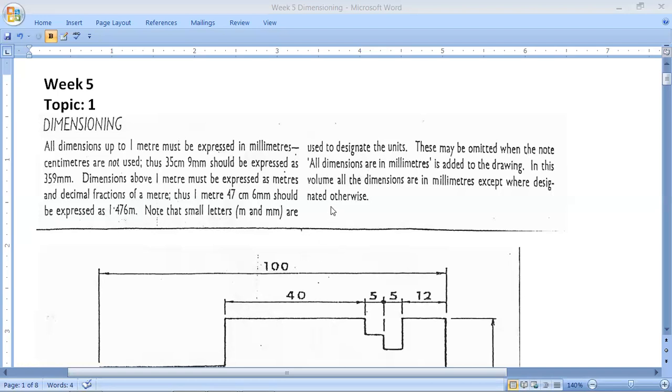All right, to resume: all measurements have to be expressed in millimeter. When the measurement is lower than 1 meter, it's not necessary to express the unit, the millimeter, beside the number. When the measurement is greater than 1 meter, 2 meter, 3 meter, you need to express the meter point and the remaining millimeter.